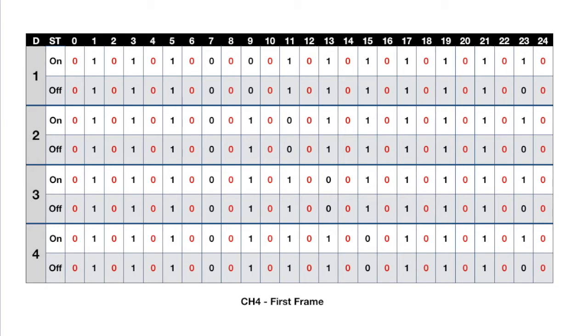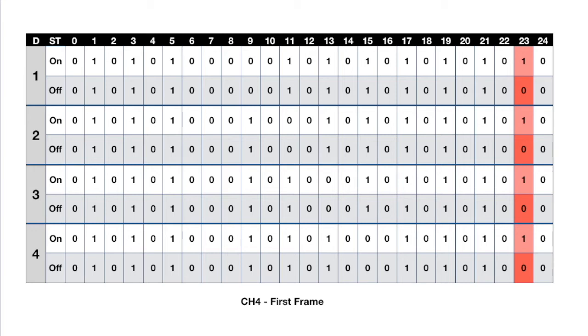We will start with column 23. So we see here in column 23 that my bit is always changing from 1 to 0, 1 to 0, 1 to 0, 1 to 0, when I go from on to off, on to off, on to off, and on to off, whatever the device that has been selected. This probably indicates that this bit is the bit that actually turns on and turns off the device.